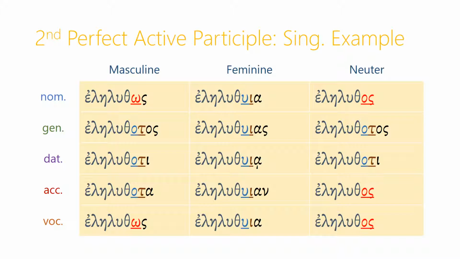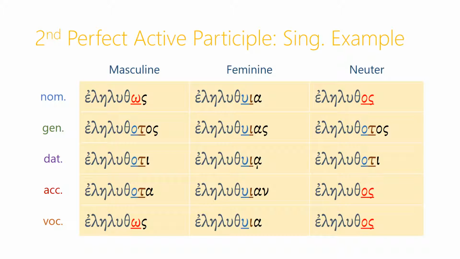There is a second perfect participle, but once you've learned the first perfect participles, these are extremely easy. All you have to do is remember to leave off the kappa tense indicator, which was the only signal of the second perfect in the indicative mood as well.